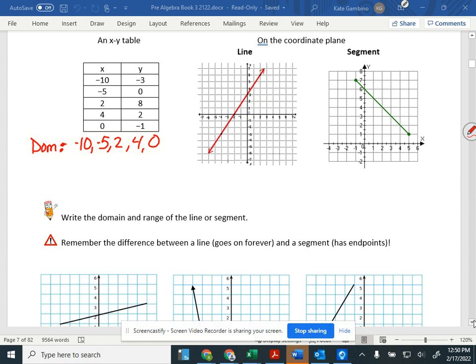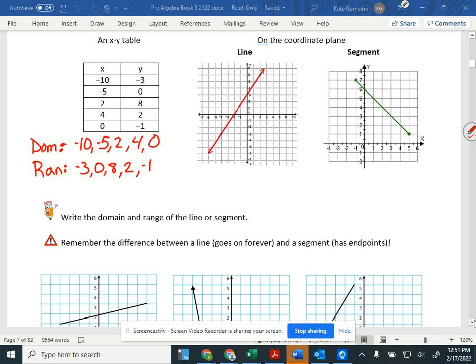So it's not just one of them, it's all the x's. Those are our domains. What's our range? Sam? Negative 3, 0, 8, 2, and negative 1. So our range are all of my y's. Pretty basic, right?